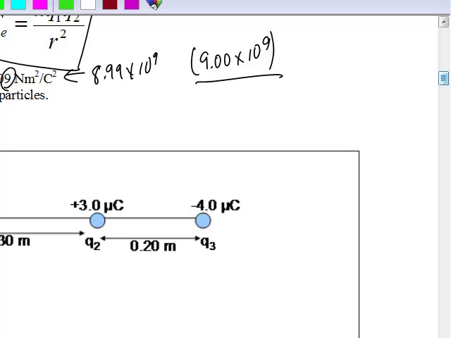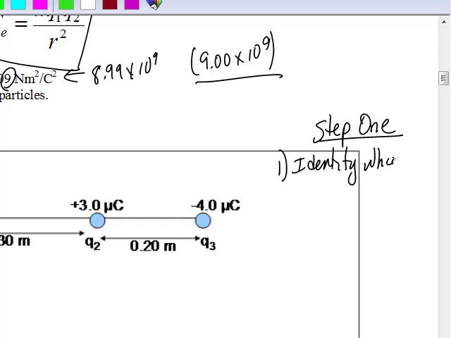This practice problem is going to be very similar to some ones you need to do on your homework, and I want to go through these steps one by one as we go through this, and hopefully it'll make a little bit more sense. The first thing I want you to do is to identify which charge we're talking about, and the problem is going to tell us.